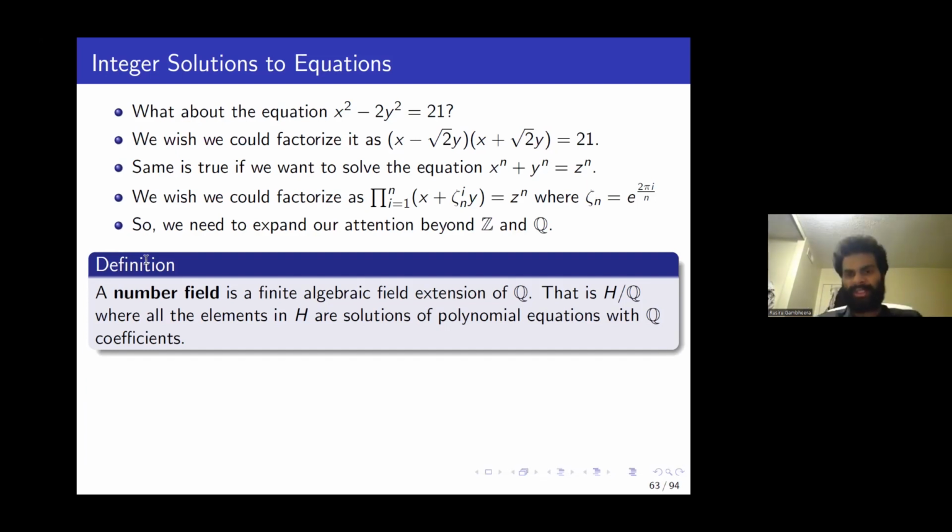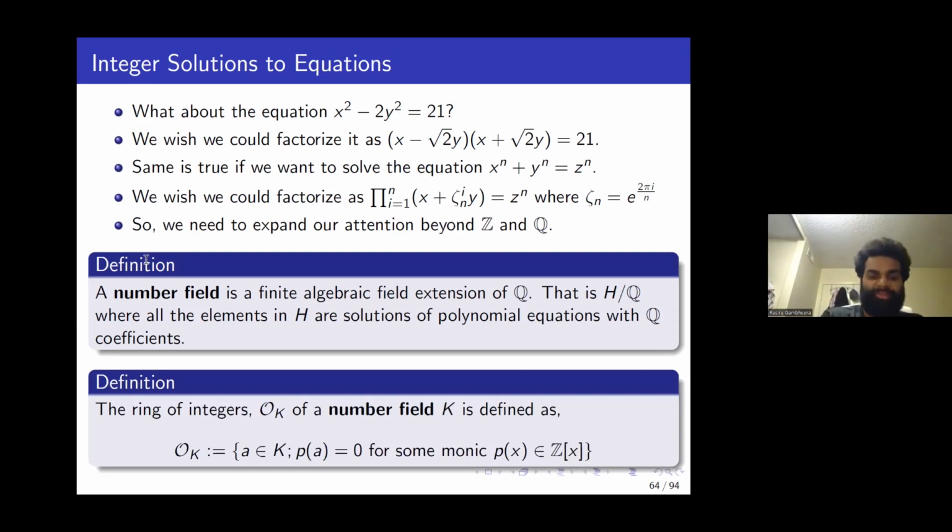So in the rationals Q, we had integers, right? Inside Q, we have this discrete set Z, equally spaced, like a nice little discrete set inside the rational numbers. In number fields also, we have a concept like this, which we call the ring of integers.